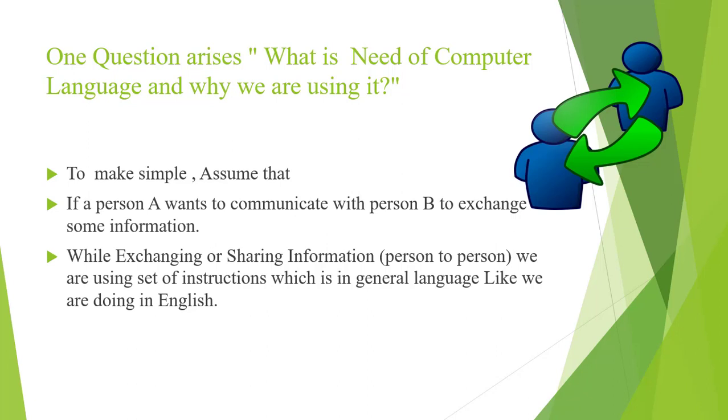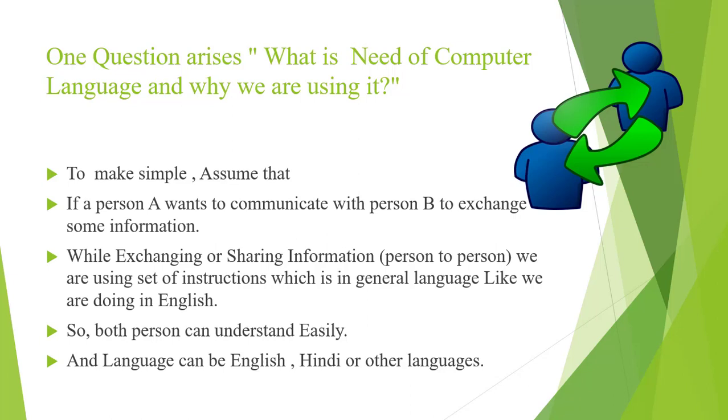Now what is a general language? Simply a language which both persons can understand, like person A and person B both understand, and this language is like what we are doing in English, so both persons can easily understand. And the language can be English, Hindi or other languages.